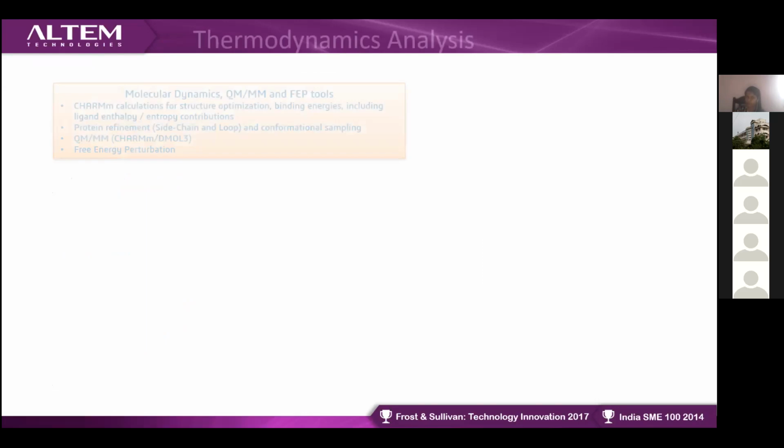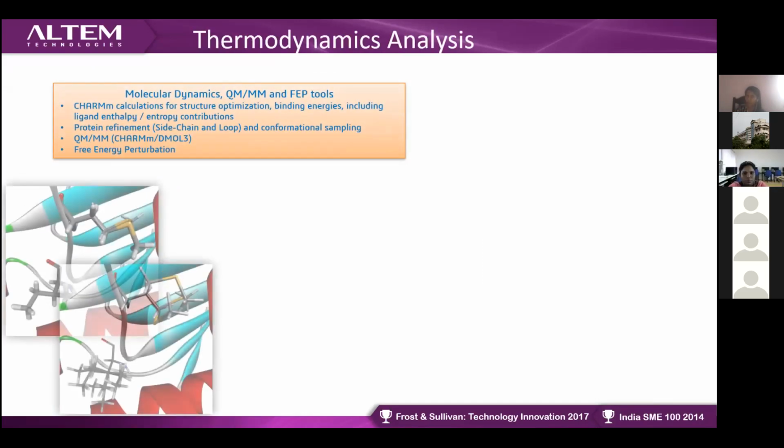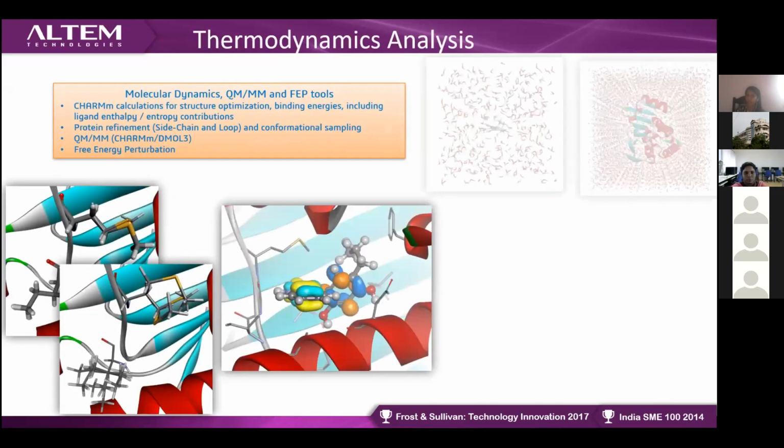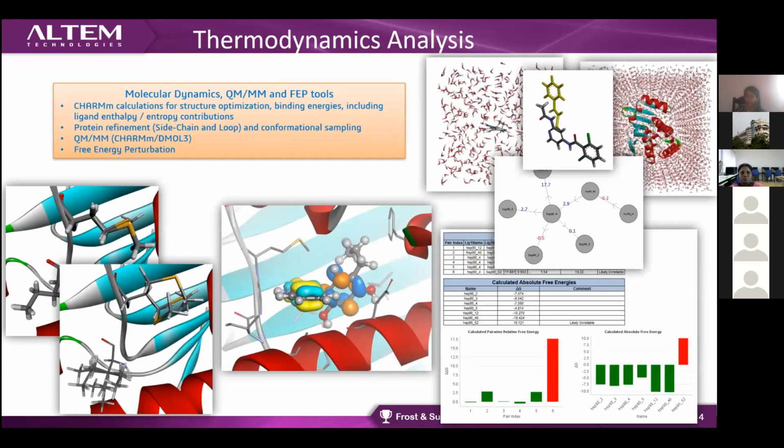So coming to thermodynamic analysis, here you will be looking at molecular dynamics, and QM as well as MM and FEP tools are available. So these CHARMm calculations can be used for structural optimization. You have your structure and you need to optimize it. Based on the optimization, you can refine the structure.